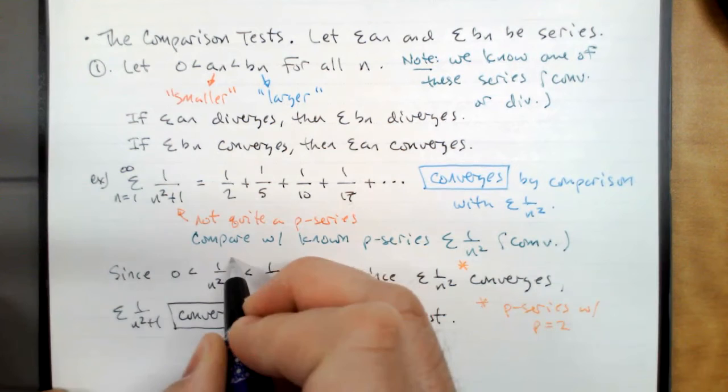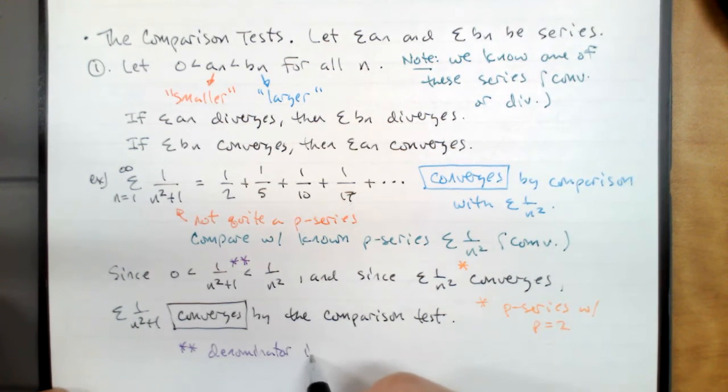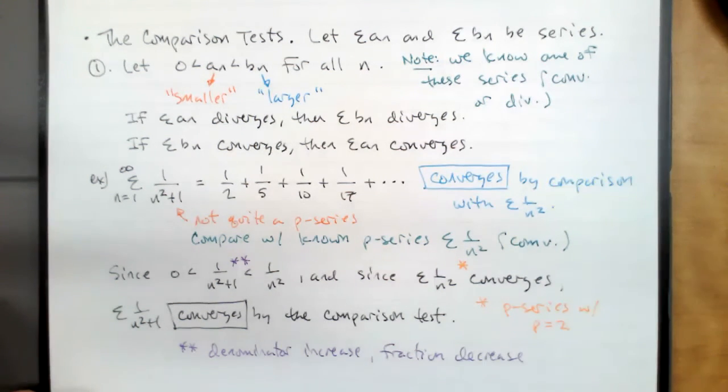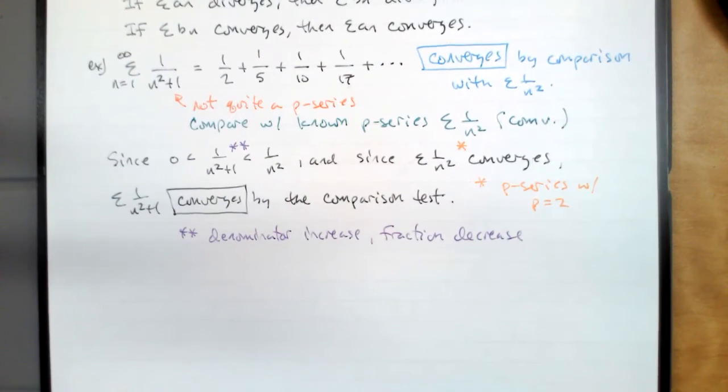And over here, as the denominator increases, the fraction will decrease. So 1 over n squared plus 1 will be less than 4.